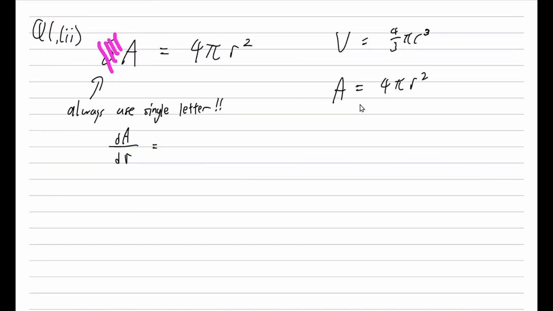Yes. dA over dr equals differentiate 4 pi r square. Carry on. So 4 pi just stays the same. Then 2r becomes 8 pi r. Make sure you got a bracket and 8 pi r. Yes.